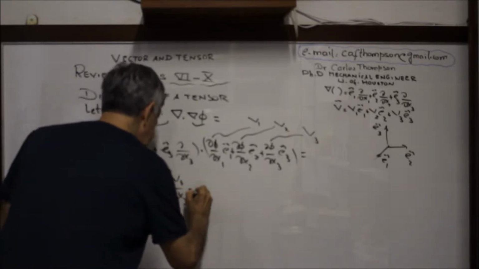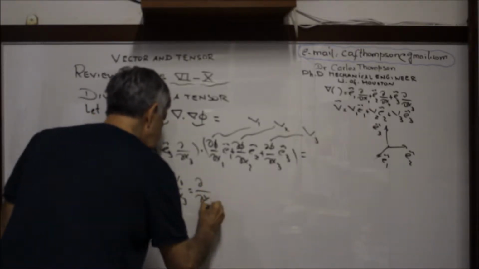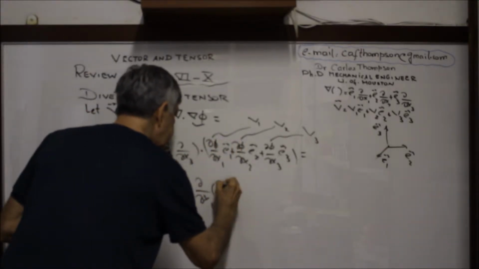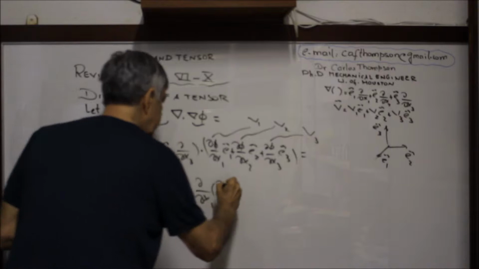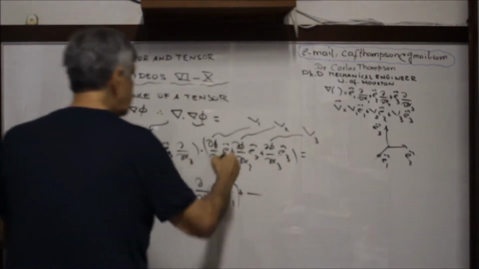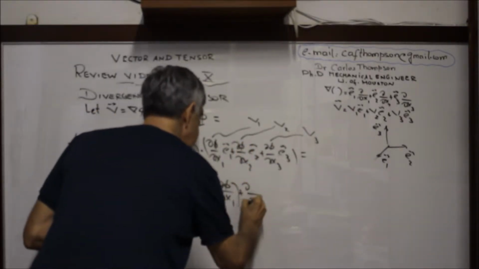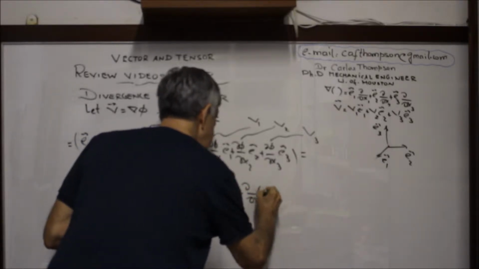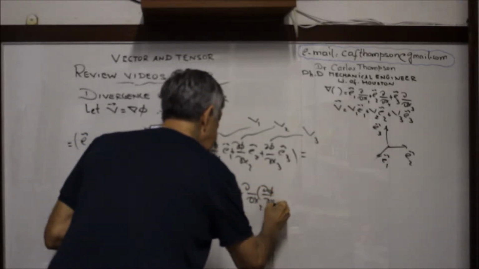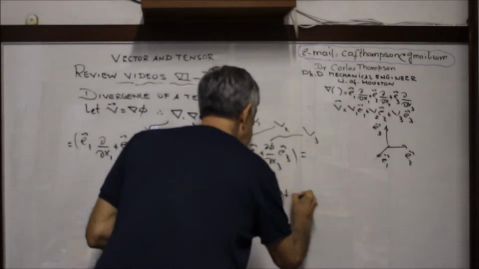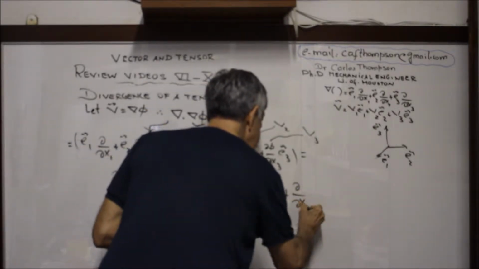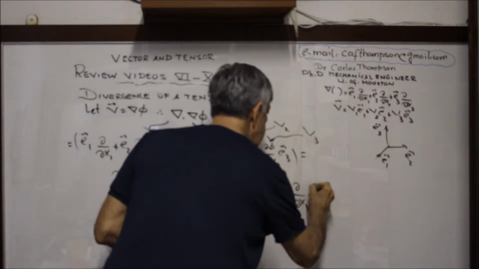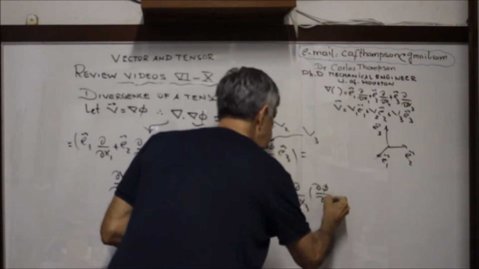This is equal partial with respect to x1 of v1, which is partial phi with respect to x1, plus v2 is partial with respect to x2 of partial phi with respect to x2 plus partial with respect to x3 of v3, which is partial phi with respect to x3.